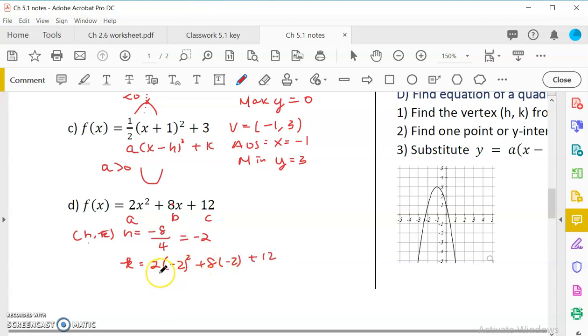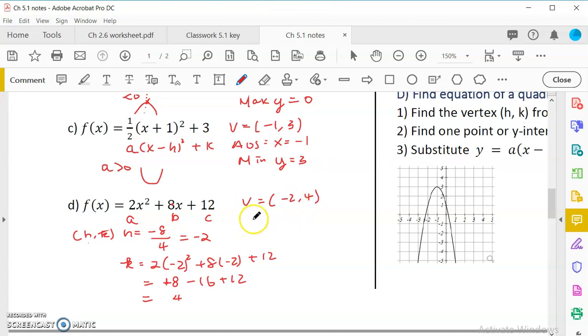It is f of negative b over 2a. So this would be negative 8, because I squared this, it is 4, 4 times 2 is plus 8, and then minus 16 plus 12. So this would equal negative 8 plus 12, which is 4. So now my vertex, I'm going to write here, is negative 2 comma 4.